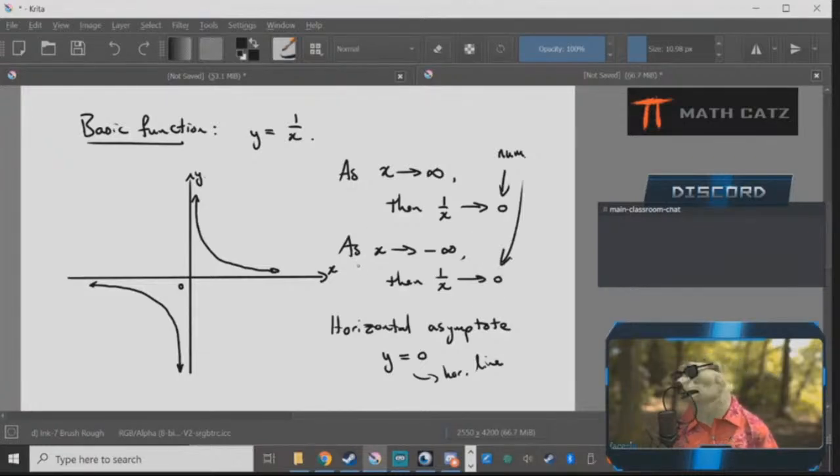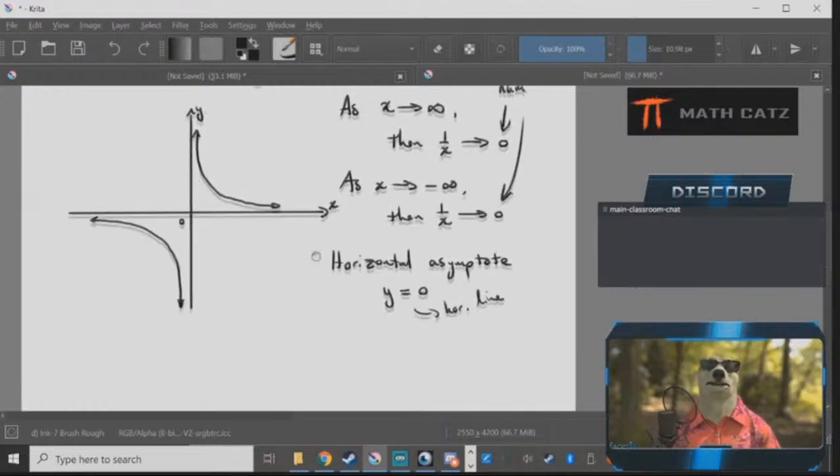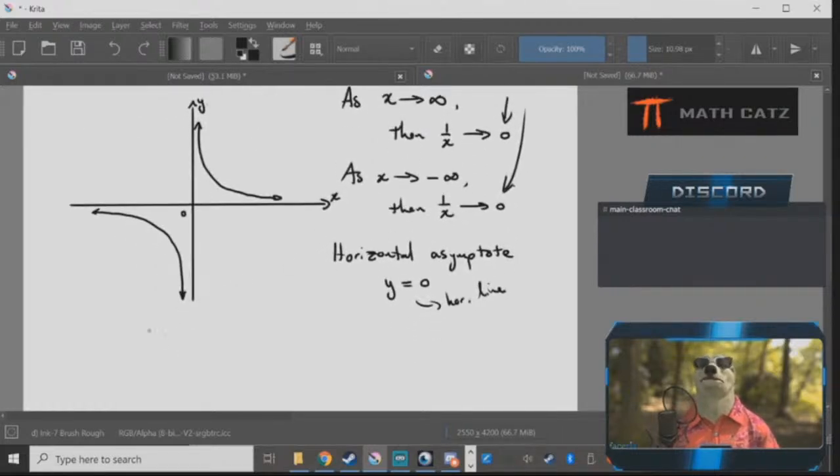Now, I also have other kind of quote-unquote long-term behavior that as I get close to 0, the y value blows up. Now, for now, I'm just going to write this in words, and we have to refine the mathematical language a little bit later.